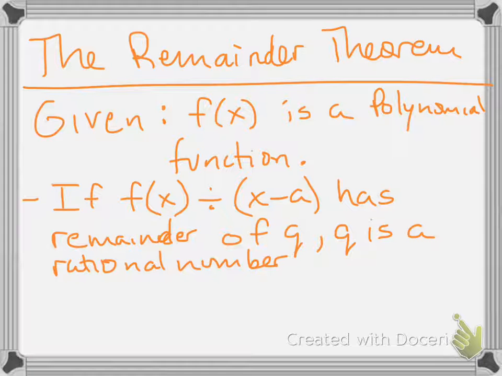Now, what I'm about to tell you is not specific to rational numbers, but we're just going to consider rational. We're not really interested in irrational and imaginary values that might come out of this process. But if it has a remainder of q, where q is any rational number, all right, then a is not a zero.